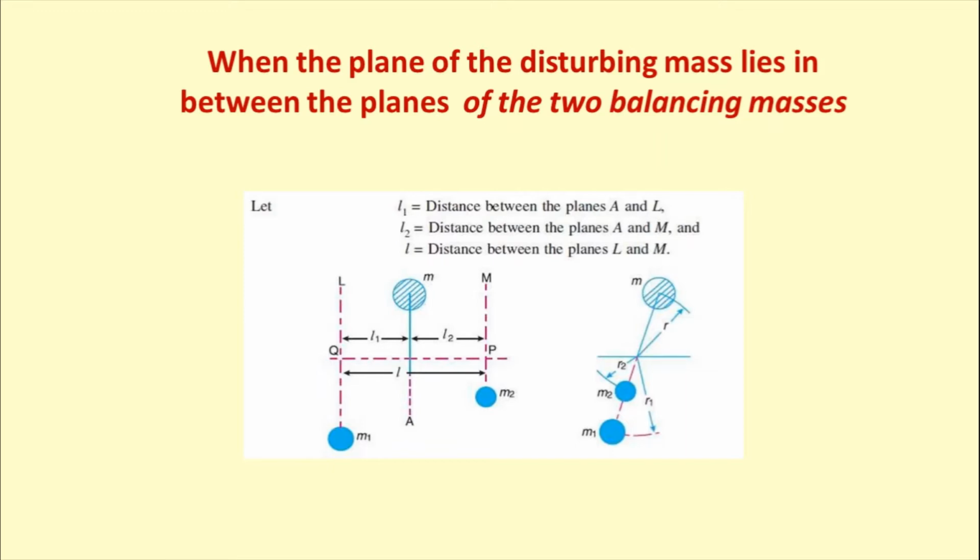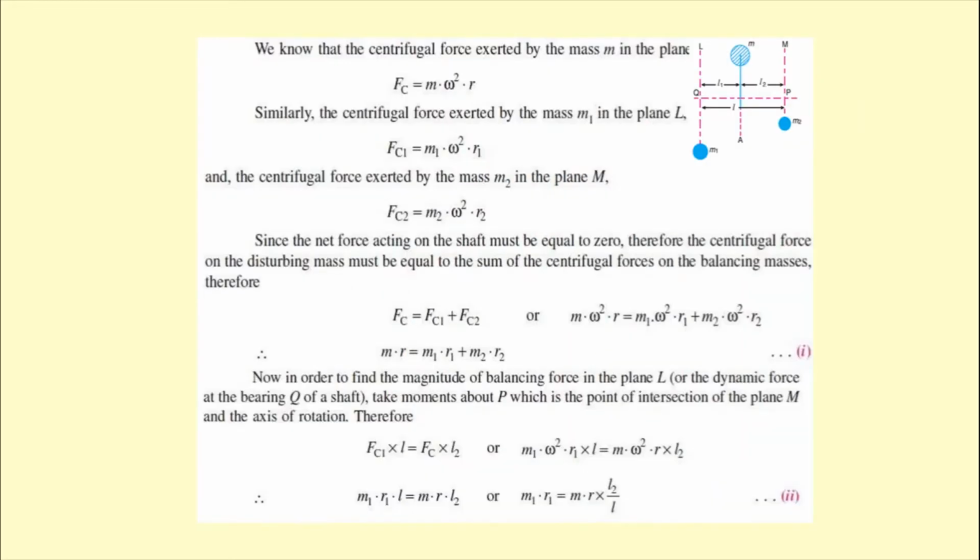Important thing to note: for M1, the radius of rotation is r1, and for M2, the radius of rotation is r2. That is very important.